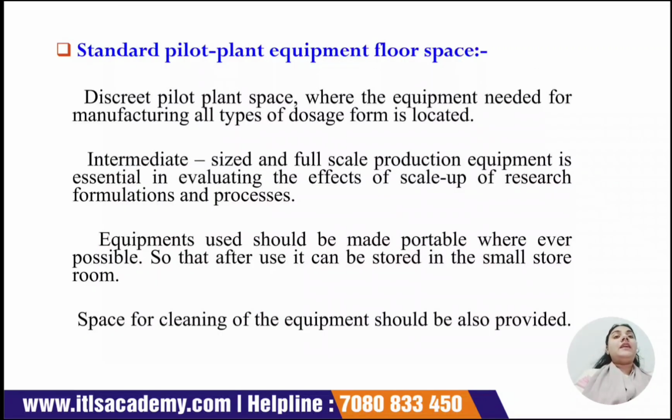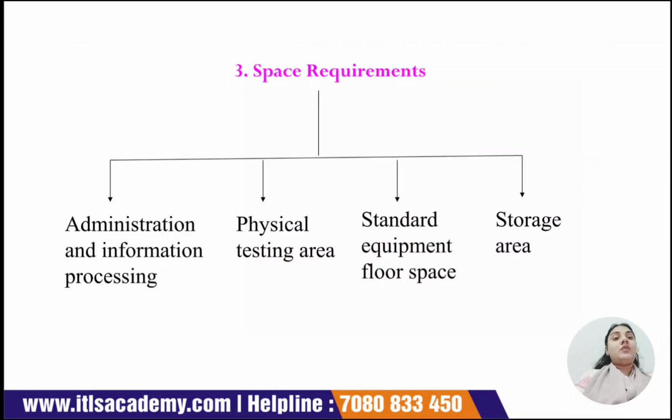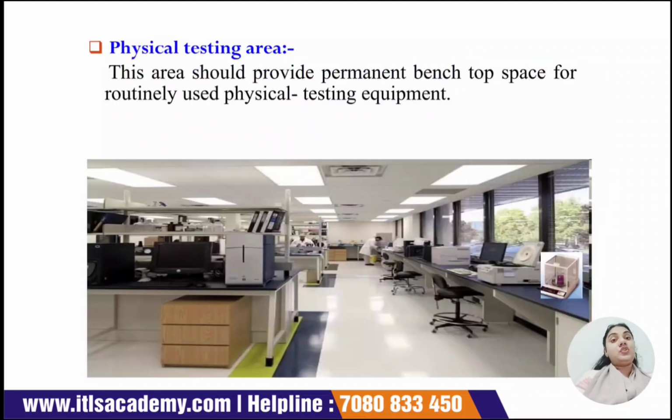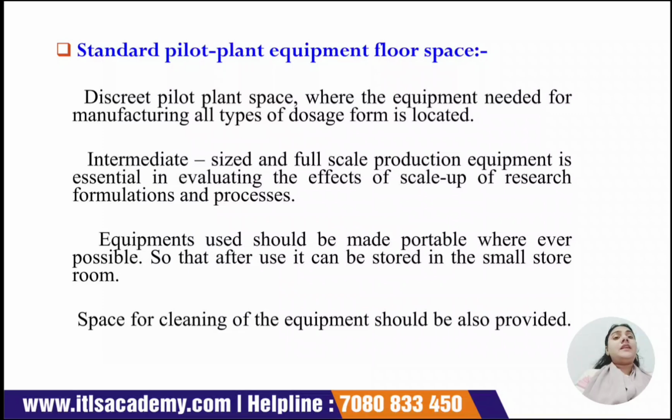Now comes the standard pilot plant equipment floor space, the third one I discussed. The pilot plant is the space where the equipment needed for manufacturing all types of dosage forms is located; basically, where production takes place. Intermediate-sized and full-scale production equipment is essential in evaluating the effect of scale-up of research, formulation and processes.